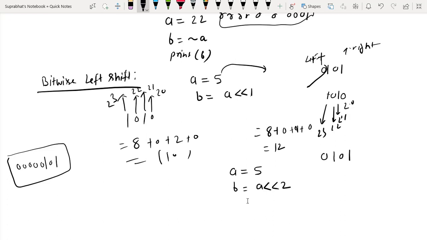So if I say a left shift 1, it means the leftmost bit is shifted. This bit is shifted. Now it becomes like this: 0 0 0 0 1 0 1. So how many bits are there now? 1 2 3 4 5 6 7.